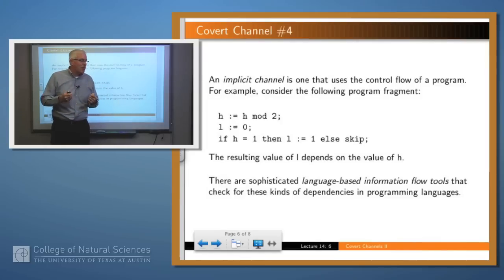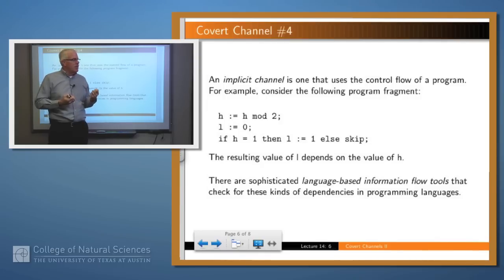As a final covert channel, we're going to look at what's called an implicit channel. What an implicit channel is, it's running a program and using the control flow through the program to send a bit of information. So imagine you have a program in which you have some high-level variable, H, and a low-level variable, L, and it would obviously be bad to just take the value of H and write it into L. But that's not what happens in this program fragment.